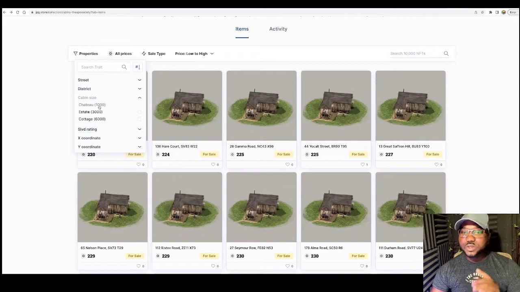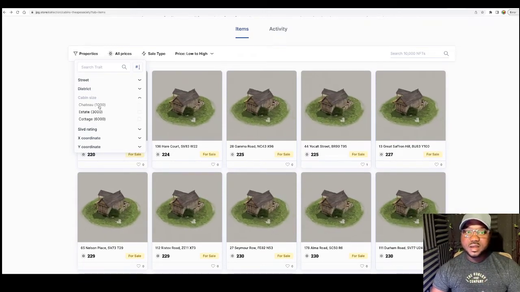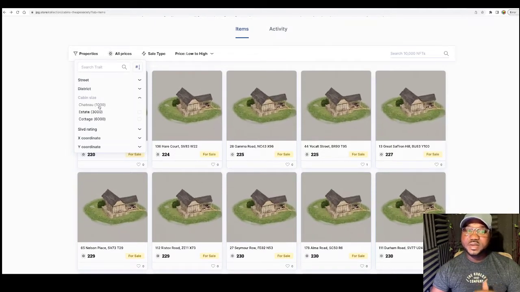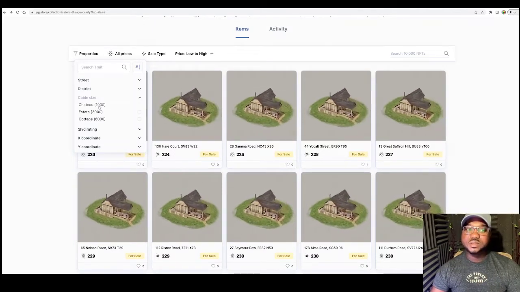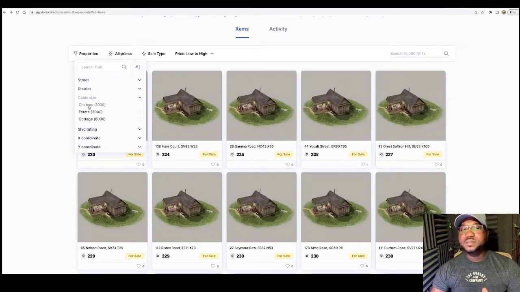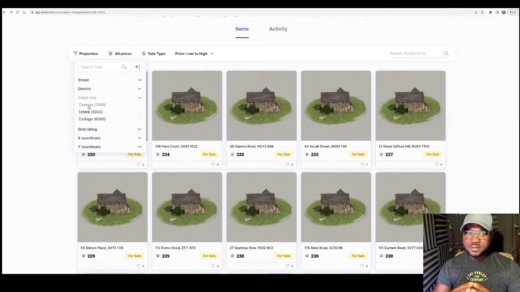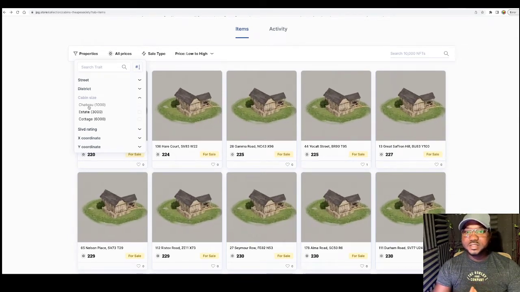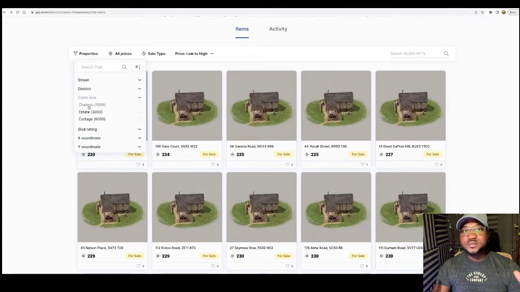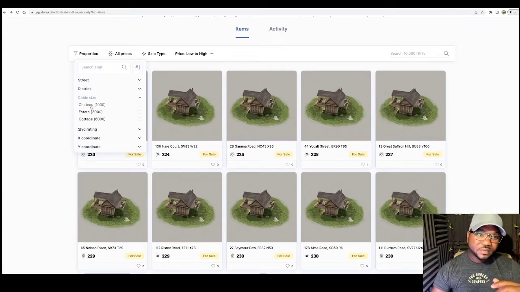And again, in total, there are 10,000 cabins that you can get, and it's divided into three different groups. Your first group is your chateau, and your chateau is the very large building, the largest one of the three real estate types that you can buy, right?